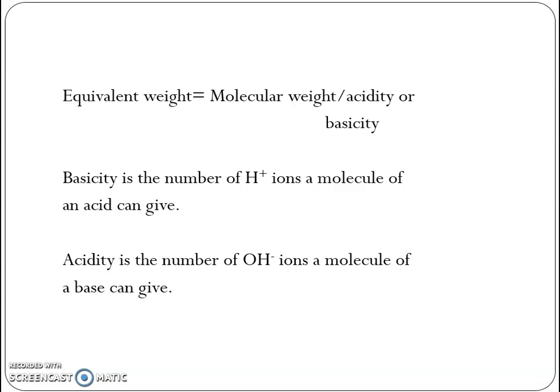Basicity is the number of H plus ions a molecule of acid can give, and acidity is the number of OH minus ions a molecule of base can give. So for normality, you must know the equivalent weight. You can find out equivalent weight from the molecular weight, but you must know the acidity or basicity of the given substance.